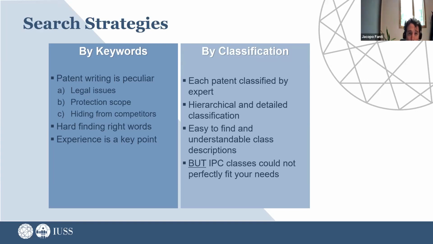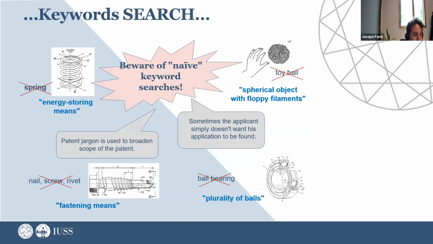But also, if I correctly use the legal style in my writing, probably I'm broadening the scope of my protection. For example, usually in patent writing, a spring is not a spring, it is an energy storing means.